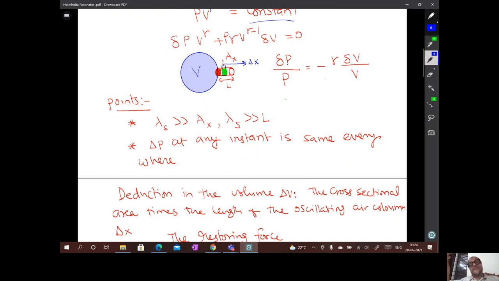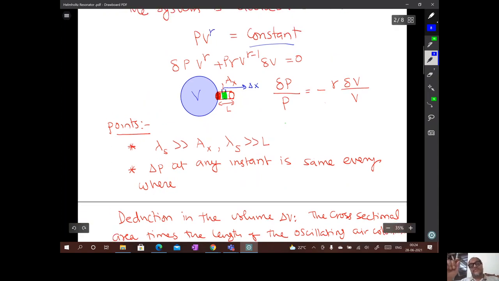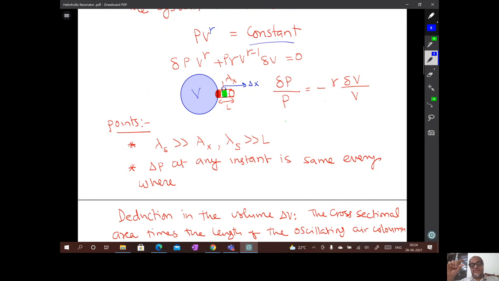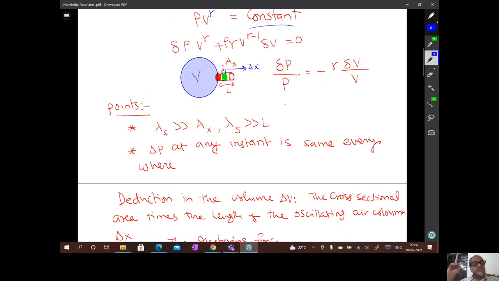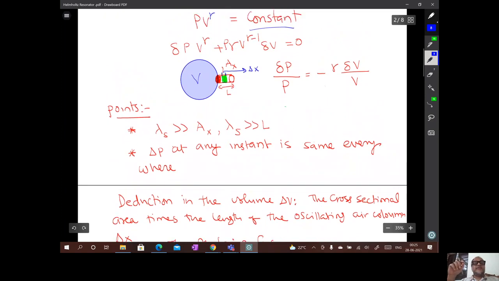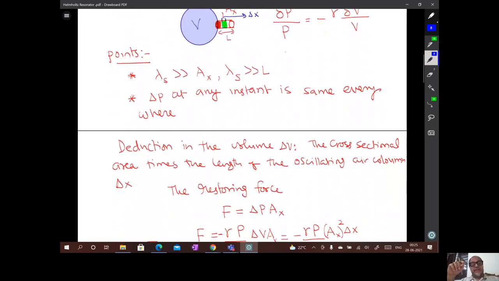Lambda s should be much greater than A x, and also it should be greater than the length of the small neck, which is capital N. And also we assume that the change in pressure near the neck, when you push the mass down and the main cavity's volume slightly decreases, induces a pressure delta P, which at any instant is the same everywhere in the cavity. That also we assume.